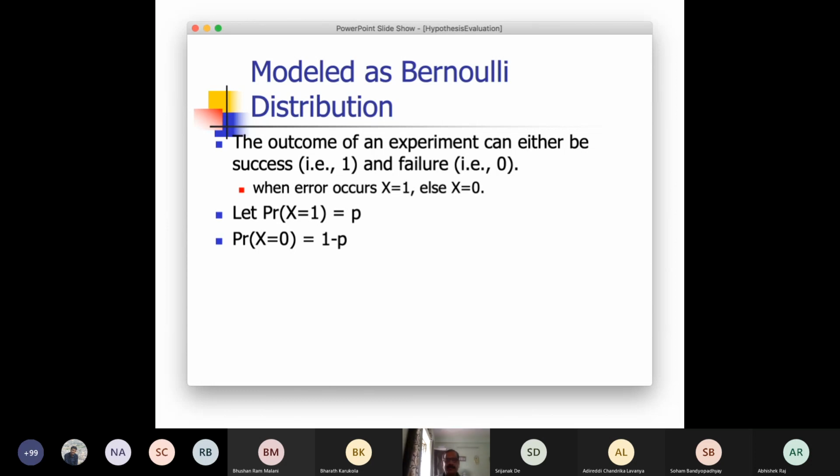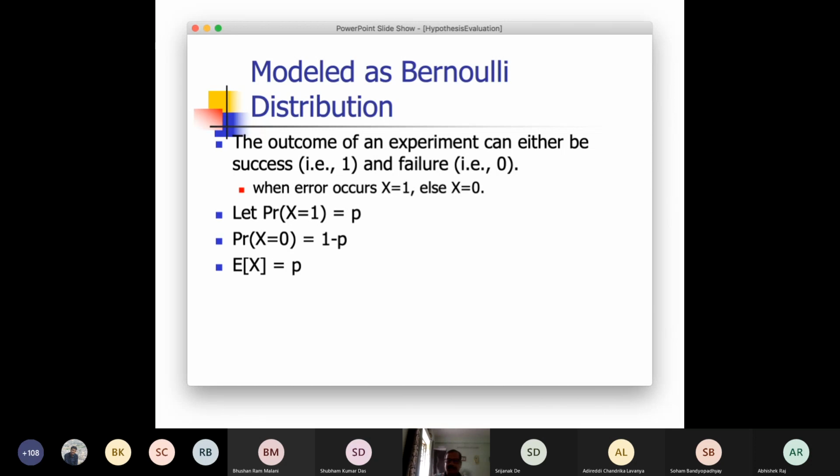Can any one of you tell me what should be the expectation of x when x is a random variable? p. Right. So the expectation of x is p. How do you come to that conclusion? Sir, 1 into p plus 0 into 1 minus p. Exactly. I hope it is clear. It is very simple. Already you know these things.